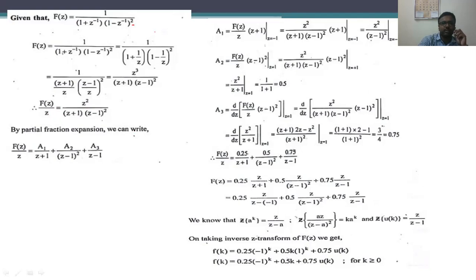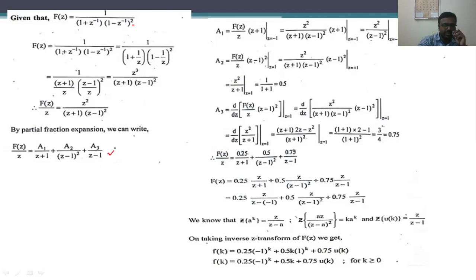So with the application of the partial fraction method, we are going to rewrite this equation as f of z divided by z is equal to a1 divided by z plus 1 plus a2 divided by z minus 1 whole square plus a3 divided by z minus 1.